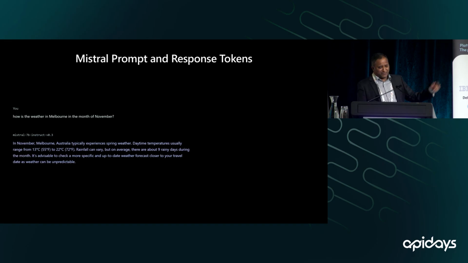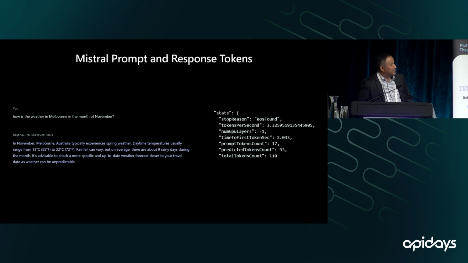I asked a very simple question: how is the weather in Melbourne in the month of November? This one was for the Mistral 7 billion instruct model, and it came up with the answer saying it's typically spring weather, and it gives the temperature range, rainfall, and all that.